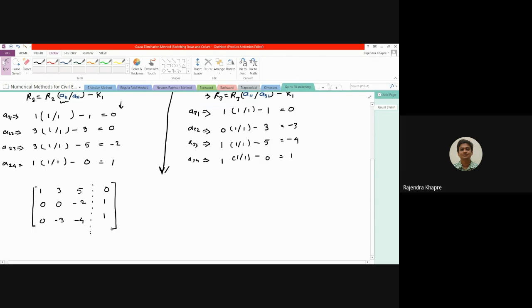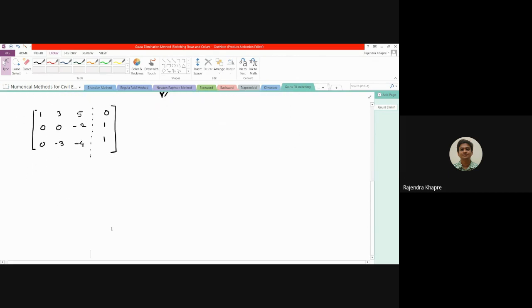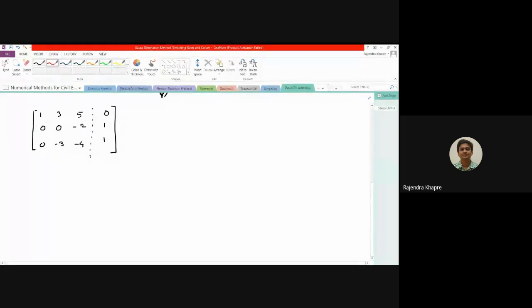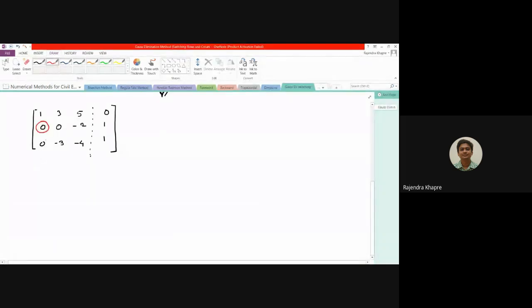Now in this particular case, we have successfully eliminated this and converted it to 0. Then we have also eliminated this. Now our aim is to eliminate this particular element. How to eliminate this?